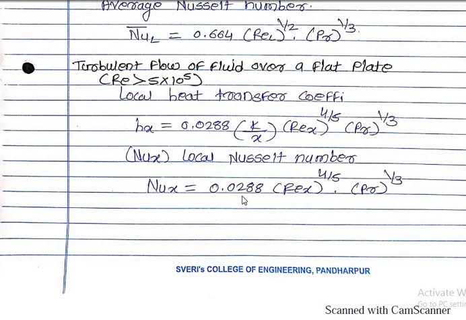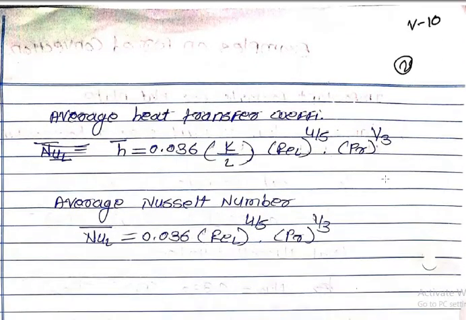Nu_x is equal to 0.0288 Re_x raised to 4/5 Pr raised to 1/3. And the average heat transfer coefficient for the turbulent flow can be written as h bar is equal to 0.036 into bracket k divided by L multiplied by Re_L raised to 4/5 multiplied by Pr raised to 1/3, where h bar is the average heat transfer coefficient, k is the thermal conductivity of the fluid, L is the total length of the plate, where Re_L is the average Reynolds number.